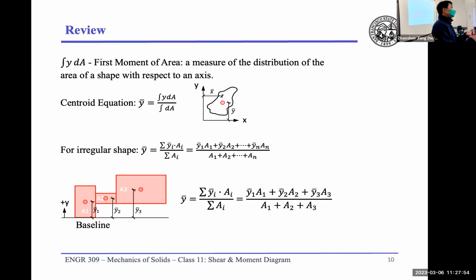Rectangular section and the triangular section. For example, your trapezoid can be divided into a rectangle and a triangle. And you know that your centroid for a rectangular section is in the middle, X and Y both in the middle. The centroid of the triangular section is 1/3 from the larger side. Those are the pieces of information that you know.